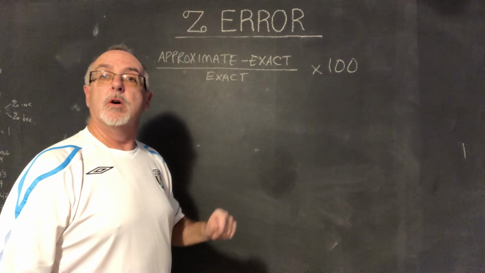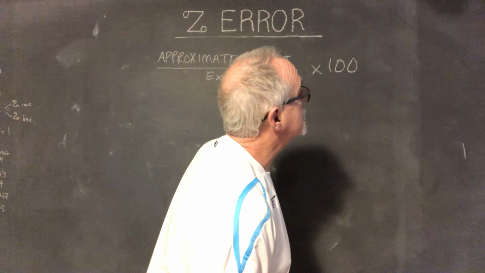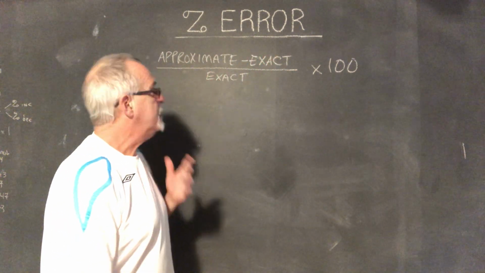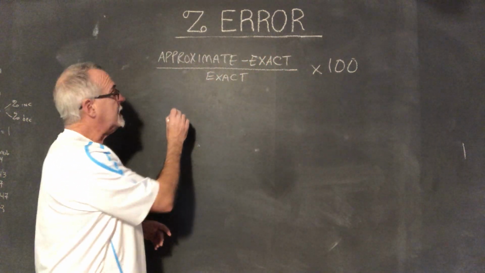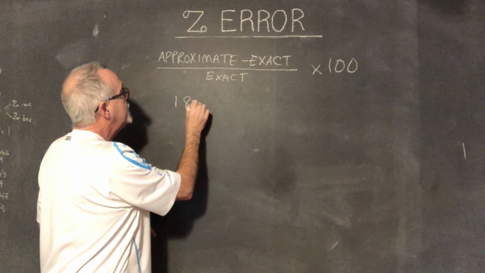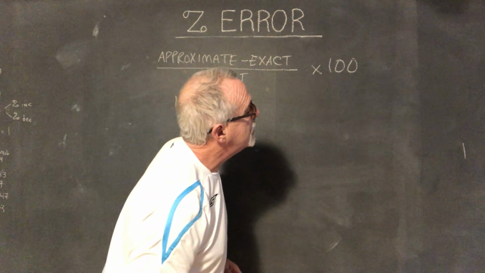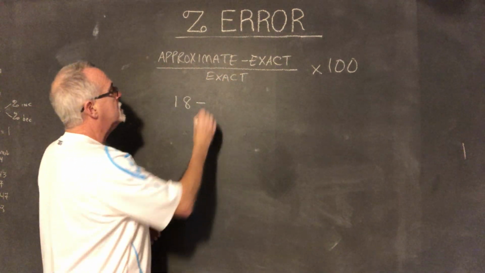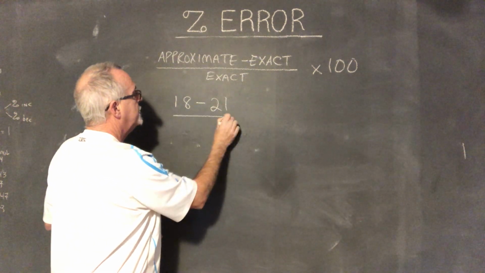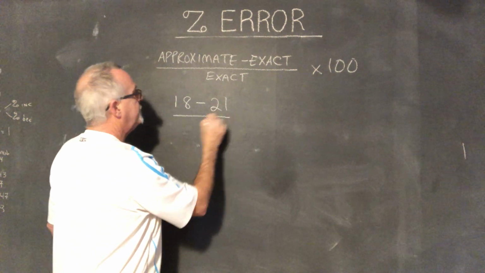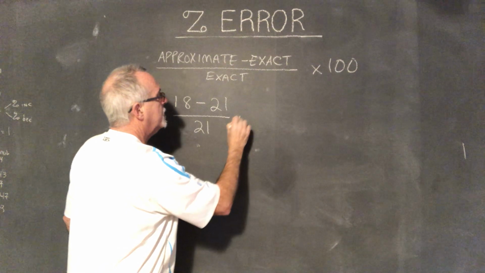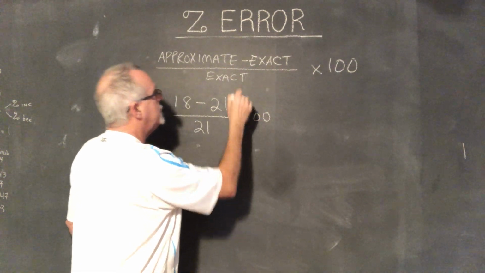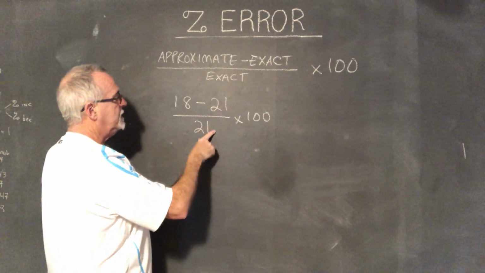Okay, so I'm looking at the guesses, and yellow hexagons. 18 is the guess that I am using, and for yellow hexagons, the real amount is 21. We're getting a negative number again. Remember where the exact goes: it's in 2 places.